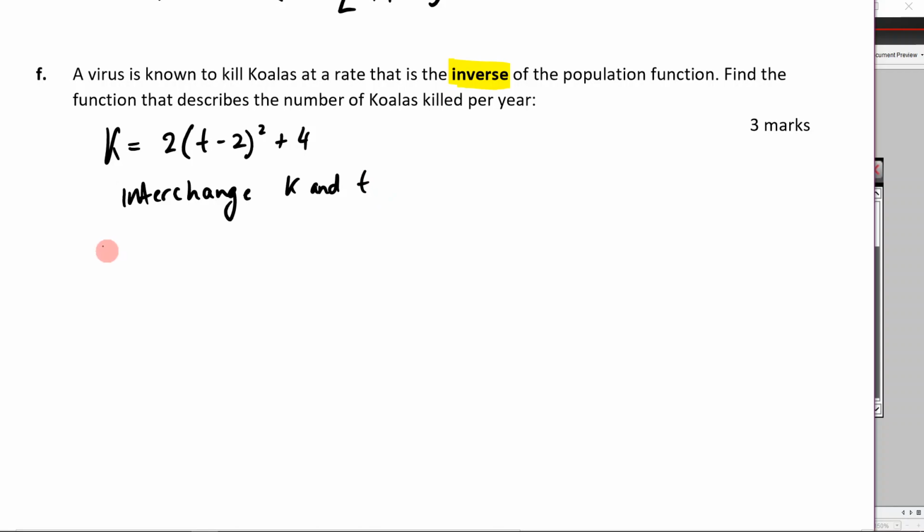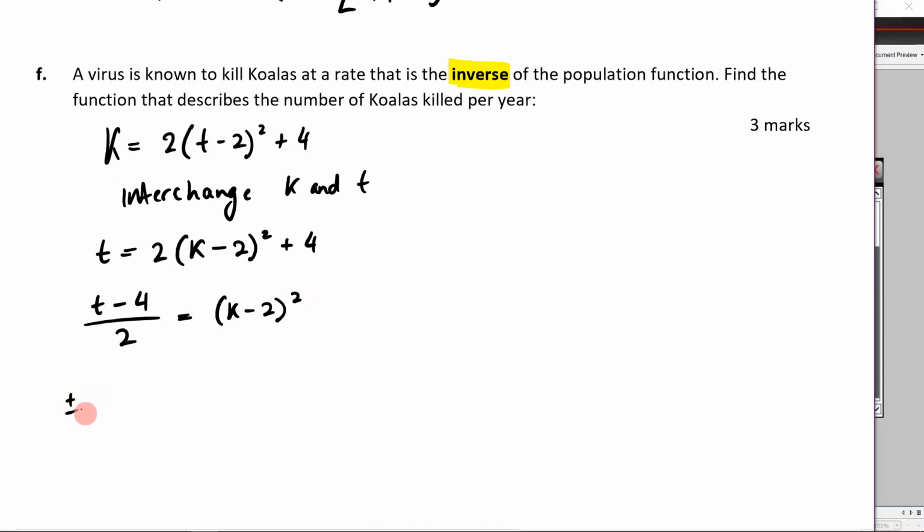So that means I'm going to get t is equal to 2k minus 2 squared plus 4. Now I'm going to solve it for k, so it's going to be t minus 4 over 2 is equal to k minus 2 squared, plus or minus the square root of t minus 4 over 2 equals k minus 2.